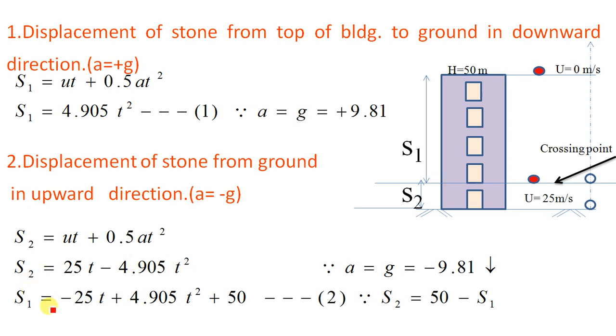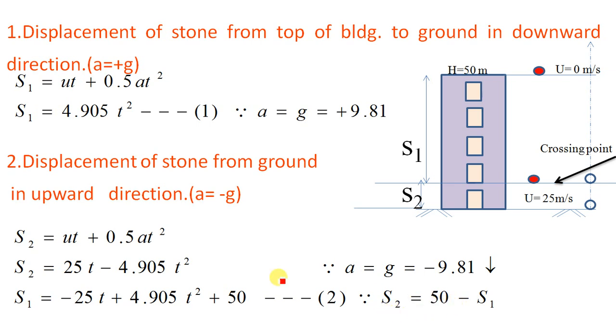Now s2 is equal to 50 minus s1, so s1 is equal to 50 minus s2.